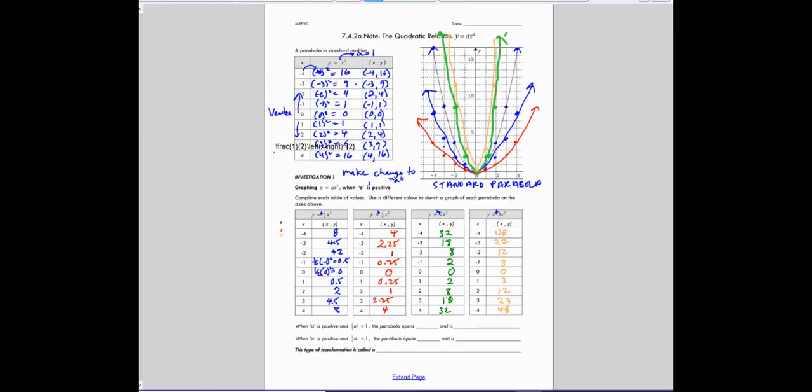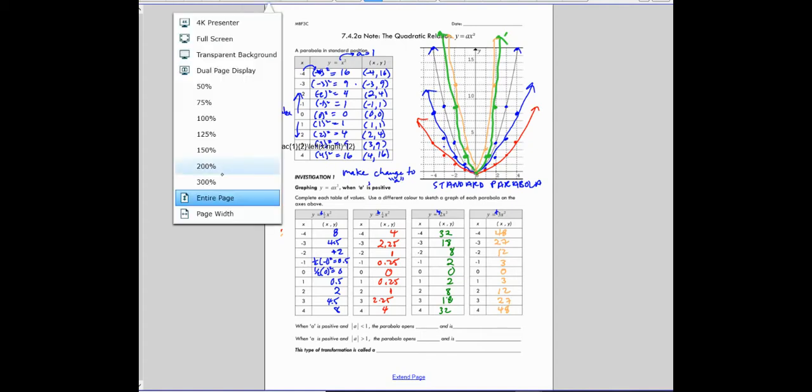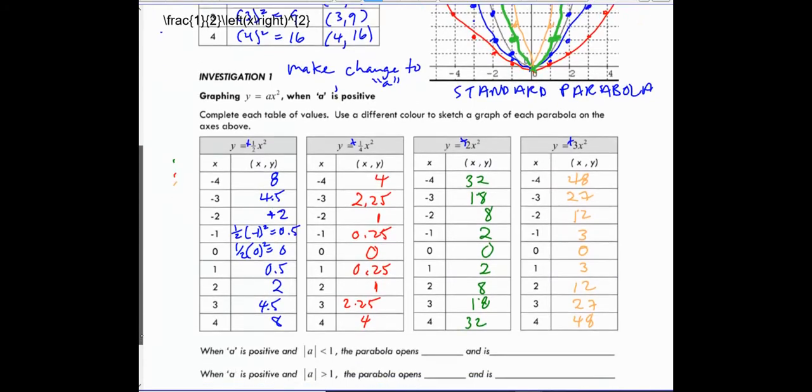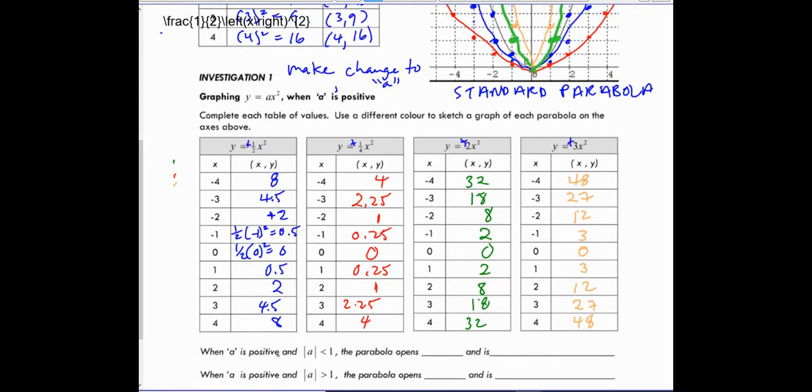Now I'm going to show you quickly what this all means. So when we say that the A value is positive and A is less than 1, what does less than 1 mean?